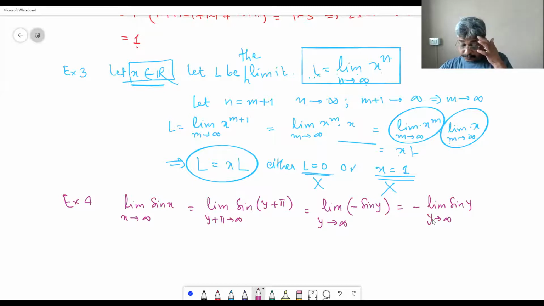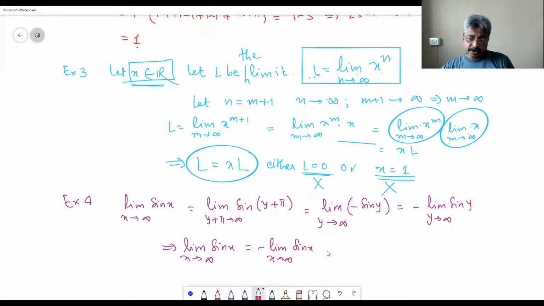Correct? This implies limit sin x as x tends to infinity is equal to opposite of limit sin x as x tends to infinity, which implies limit sin x as x tends to infinity is equal to 0. Yes or no? But then that is not the case. Limit as x tends to infinity, why should sin x be 0?